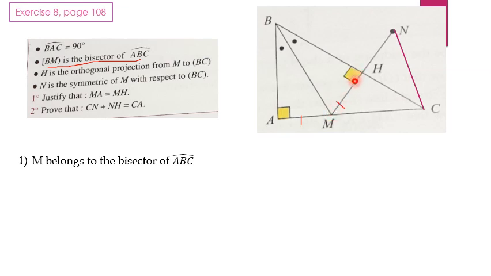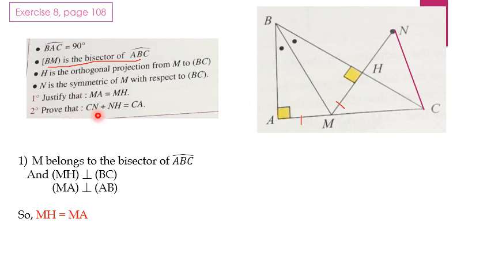So MH and MA, these sides, I want to compare them and prove that they are equal. Since M belongs to the bisector of ABC, and given that MH is perpendicular to BC and MA is perpendicular to AB, directly I can say that MA equals MH. It looks like the application that we solved in the explanation of bisector.